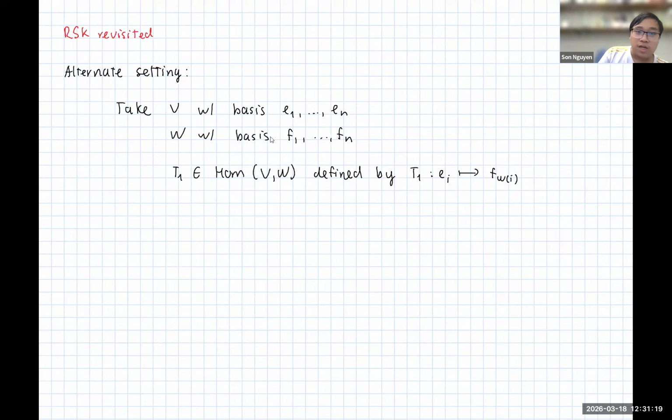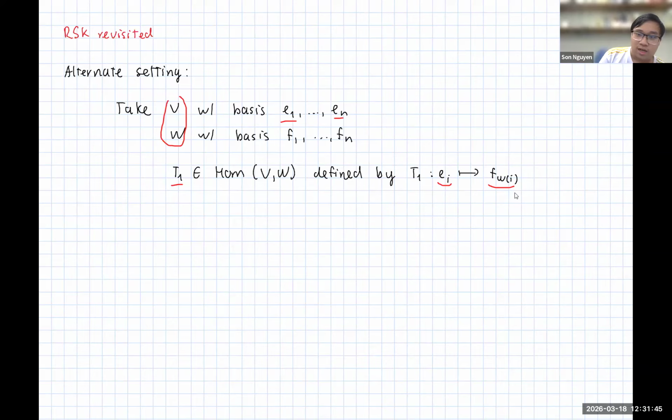Now I want to think about it in another way. I want to say I have two separate vector spaces V and W with these bases e_1 to e_n and f_1 to f_n. And I take a linear transformation from V to W that sends a basis e_i to the basis f_{w(i)}.